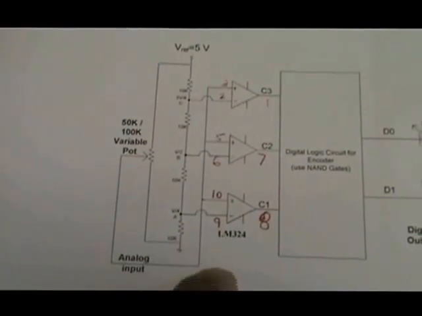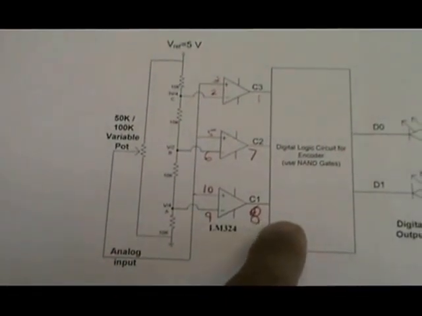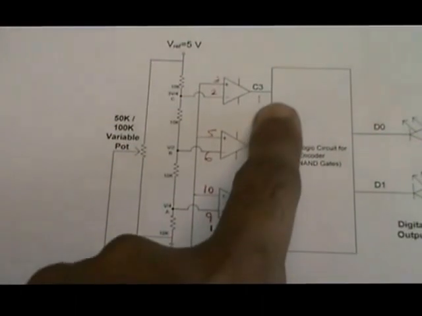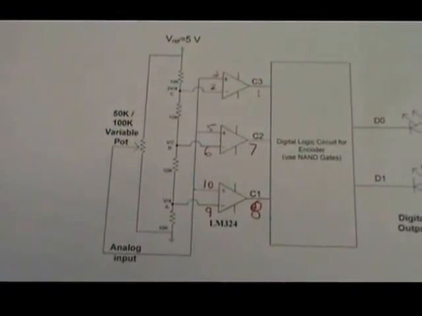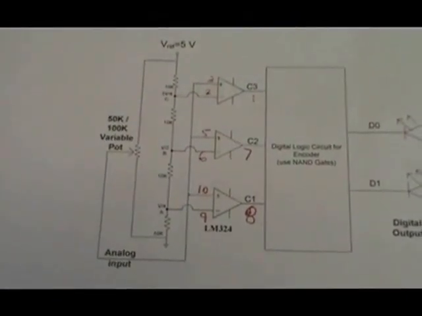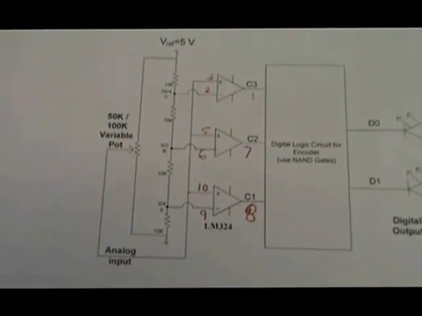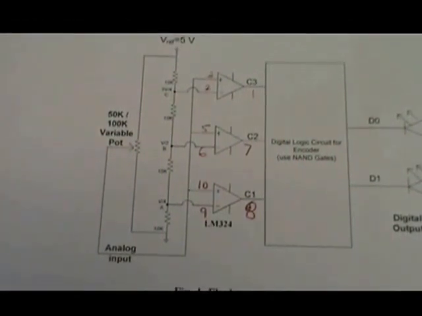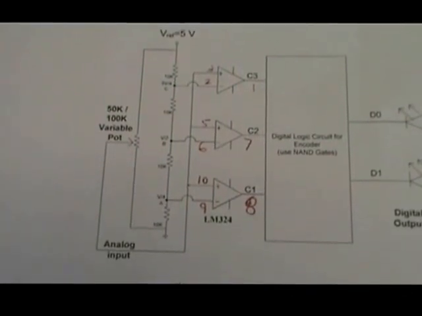So in the first step, we can check the output voltages at pin number 8, 7 and 1, for comparators C1, C2 and C3, and step by step linearly increase the input voltage to check the output voltages C1, C2, C3.